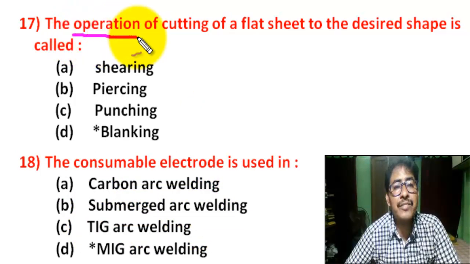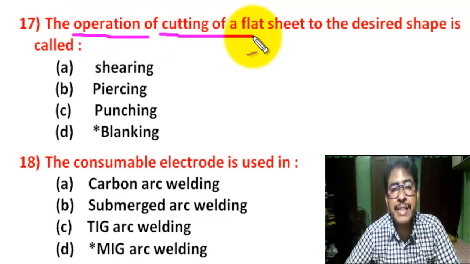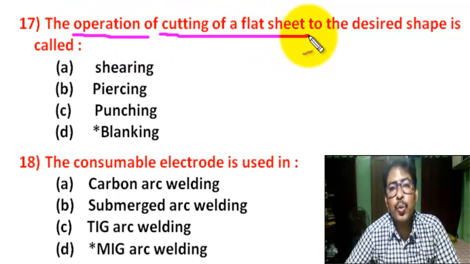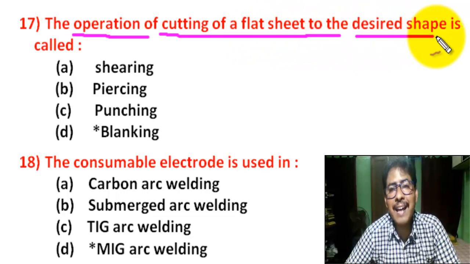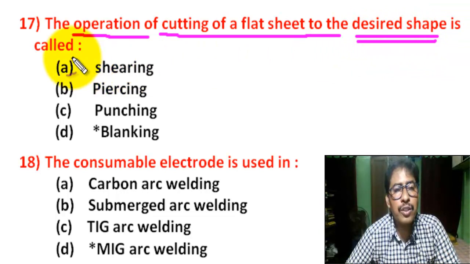Question number 17. The operation of cutting of a flat sheet to the desired shape is called, there are 4 options.